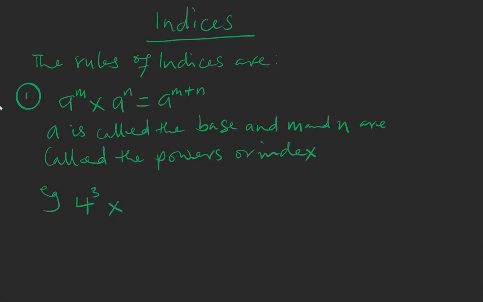An example is 4 raised to the power 3 times 4 raised to the power 6 is equal to 4 raised to the power 3 plus 6, which is equal to 4 raised to the power 9. This is because the base 4 are the same.